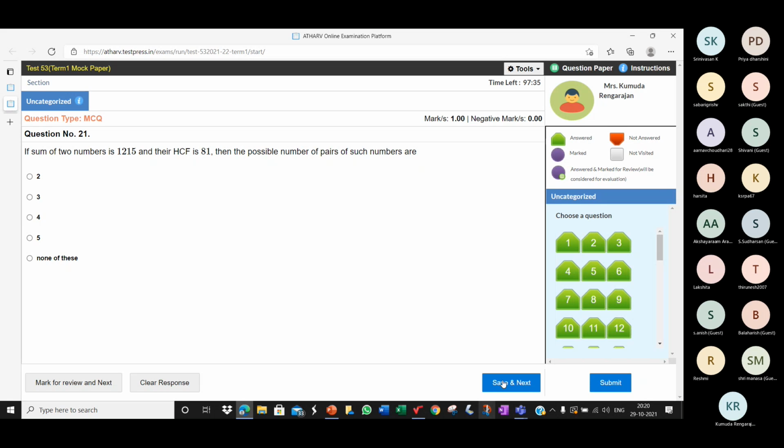Yes, ma'am. When the HCF of two numbers is 81, then 81x is one number, 81y is the other number. Am I right or wrong? Yes, ma'am. Now what is the sum of the two numbers given? 1215. So that means 81x plus 81y is equal to 1215, correct? Work and tell me x plus y.